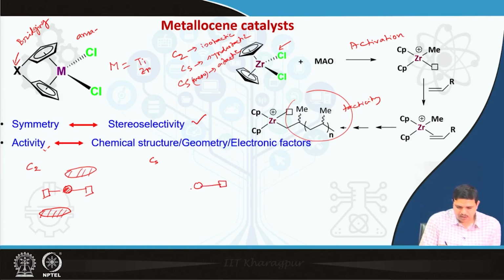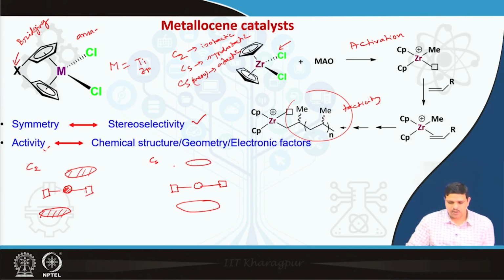So here again these are the active sites, and these are the Cp ligands in a cartoon diagram, and this is the other Cp ligand. This is definitely a fused Cp ligand. It may be, let's say, indenyl, and the other may be a Cp ring. And in this case, this one, and then another one like, let's say, C1.